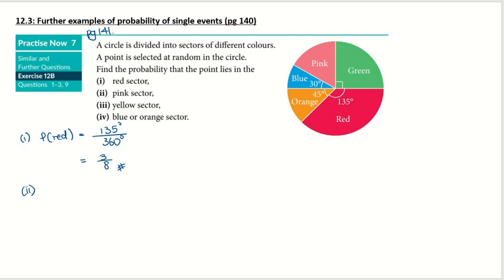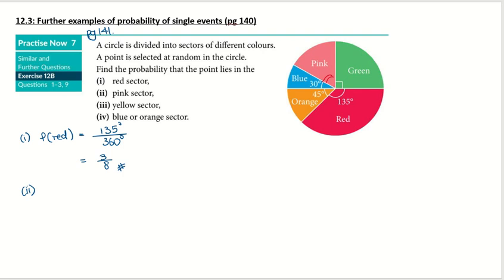Second part, you want to find the probability that it lies in the pink sector. That would mean I will definitely need the angle for the pink sector. And are we able to find it? Yes, quite easily, because I have all the rest of the angles for the different colors, right?